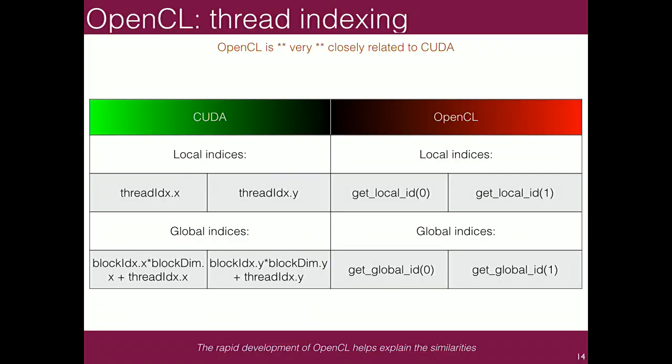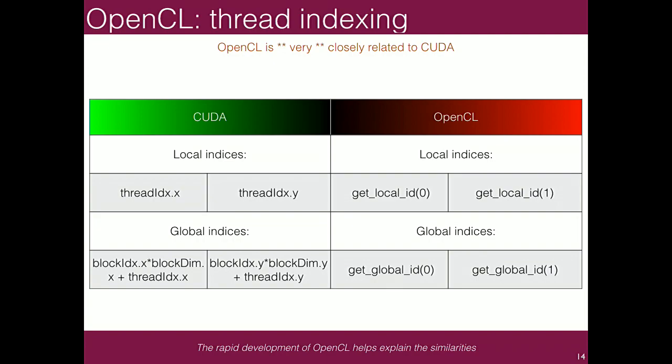The committee got one thing right. They changed those horrible intrinsic thread index, block dim, block index variables that come out of nowhere, and they become API calls: get local ID, get global ID. So there's less messing about with thread indices and piecing together multiple ranks to get global ranks, right? So that's already baked in.